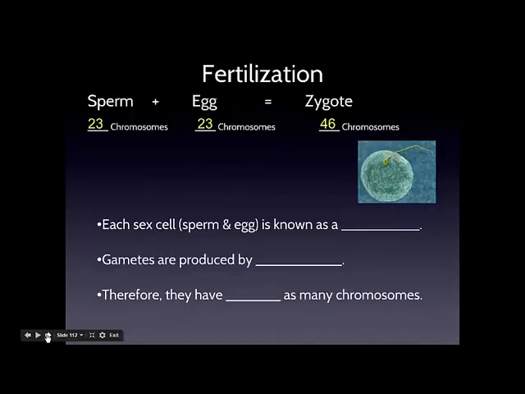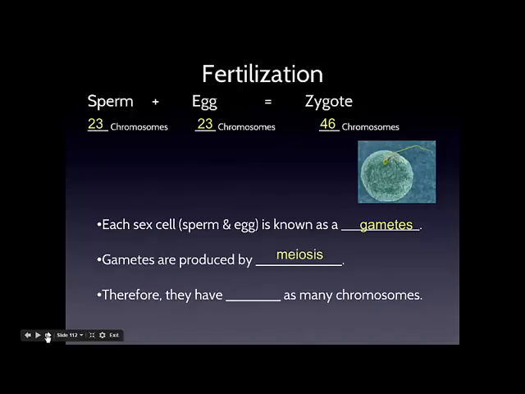What's the term we use for these sperm or egg cells, these sex cells? Destiny? What? No? Sex cell is a gamete. What's the name of the type of cell division that produces these gametes? Jasmine?